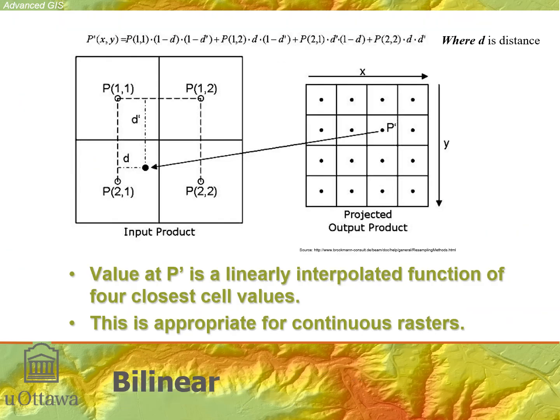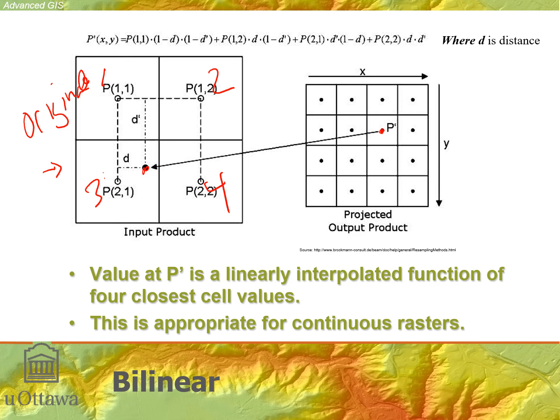So here's the example of bilinear interpolation. We have, again, our original raster right here. And then we have an output raster in our new coordinate system, and its cell center right here. For that cell center, we find where it is in the old coordinate system. And then the 4 surrounding cell centers, 1, 2, 3, 4, are examined.